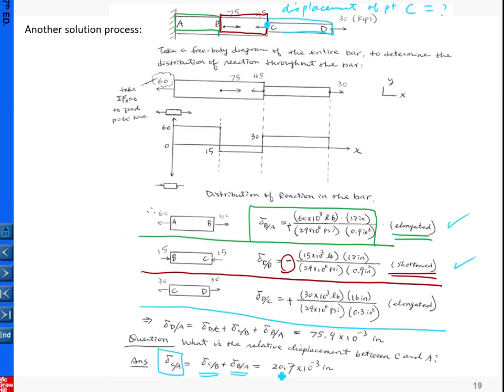You take the summation together, so that is positive. So I can tell you C is going to displace rightward, but not much. C is going to displace only 20.7 mil, 20.7 thousandths of an inch, and this one is 75. So this is little, not that much.